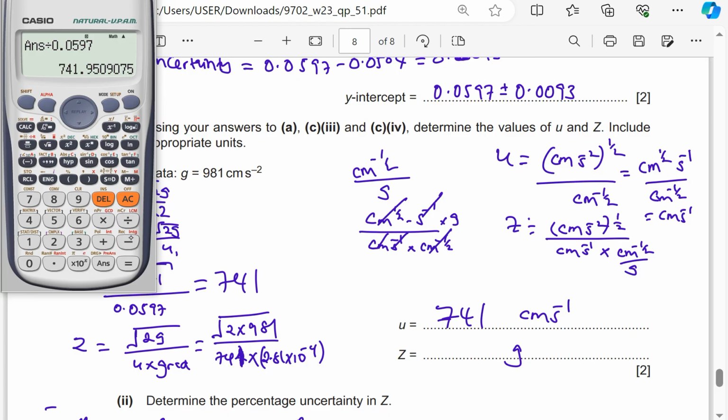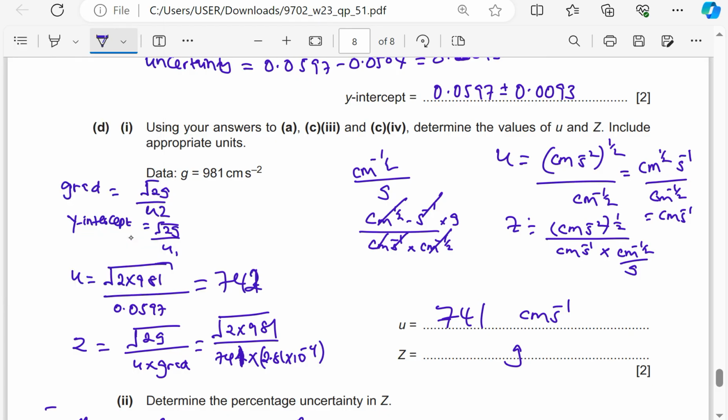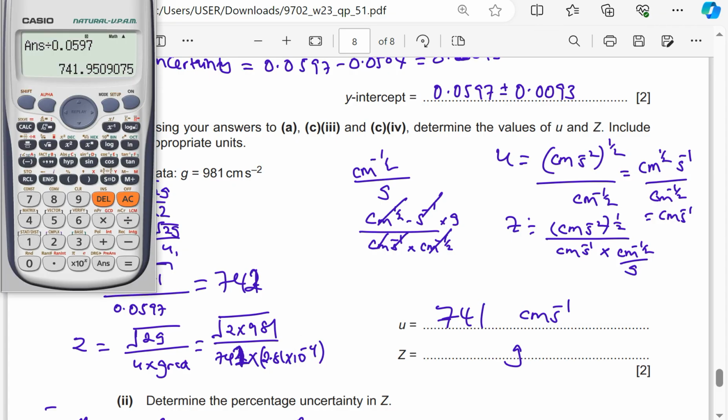So that is 742. Again, I'll say root of 2 times 981, divide by open brackets 742 times 2.8 exponent minus 4. Okay, so that is 213.